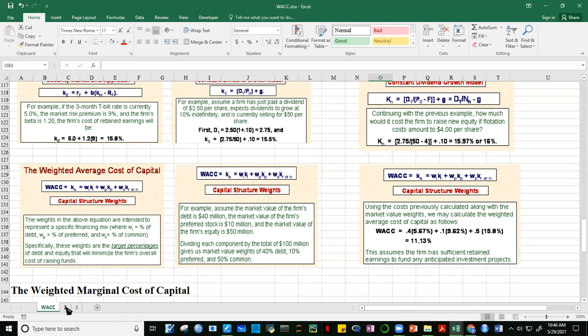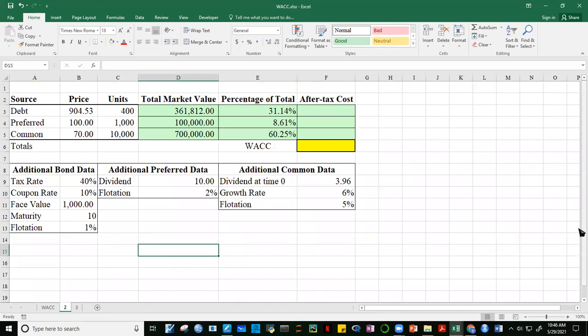Okay, so let's take a look at examples here. We are given debt, preferred, and common. Then we are asked to compute the weighted average cost of capital.